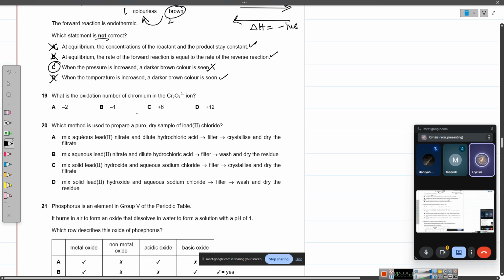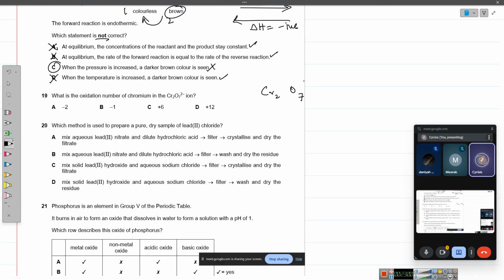What is the oxidation number of chromium in Cr2O7 2-? Now, Cr is 2, O is 7, minus 2 into 7 makes it minus 14. The total ion charge is minus 2. So out of minus 14, we are only left with minus 2 charge.